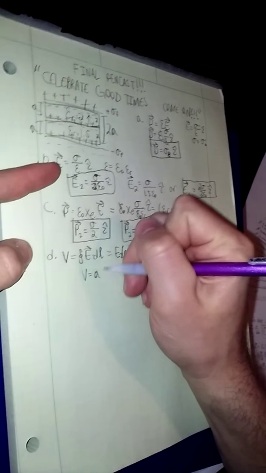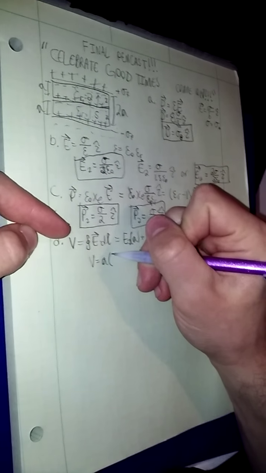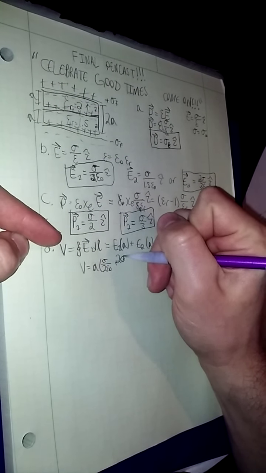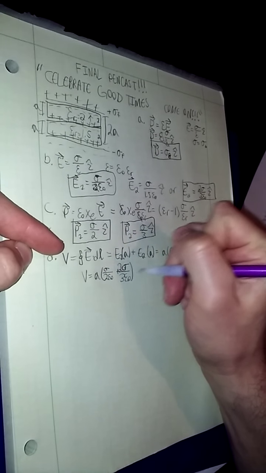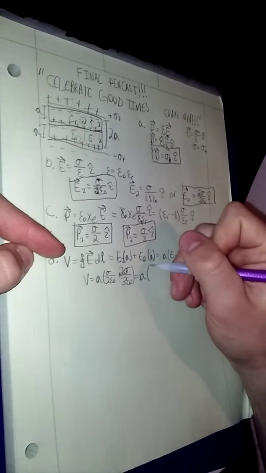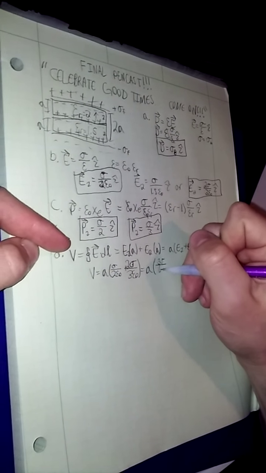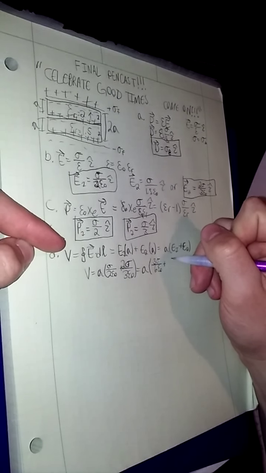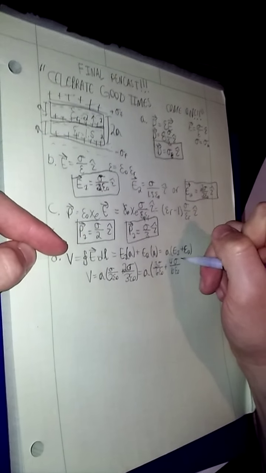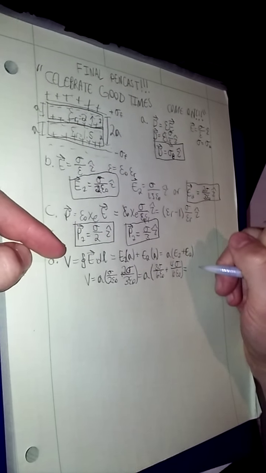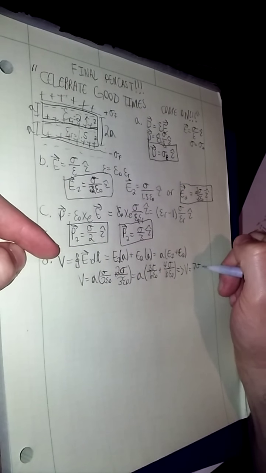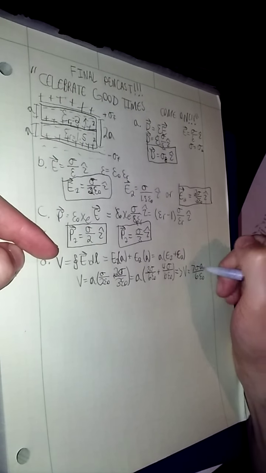So V equals A times sigma over 2 epsilon naught plus 2 sigma over 3 epsilon naught. If we multiply that by 3 over 3, 3 sigma over 6 epsilon naught plus 4 sigma over 6 epsilon naught. Then we get that V is 7 sigma A over 6 epsilon naught.